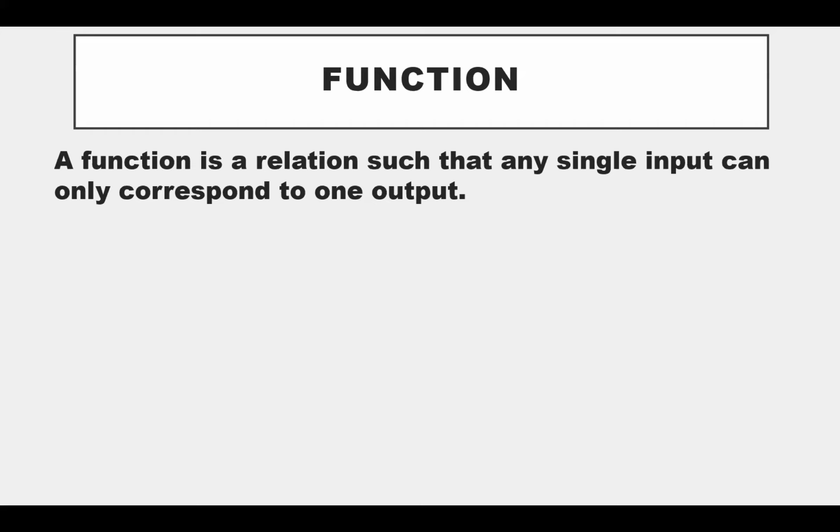So in other words, if I give you an input, you know exactly where it goes to. So a function is this special type of relation that if I give you and somebody else an input, you both wind up at the same output guaranteed.